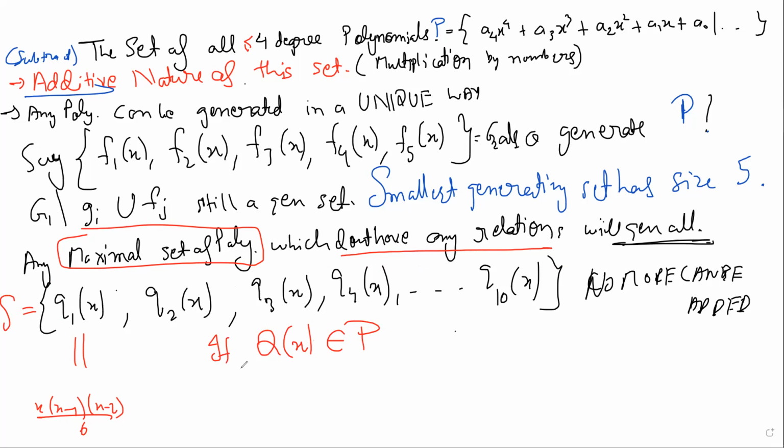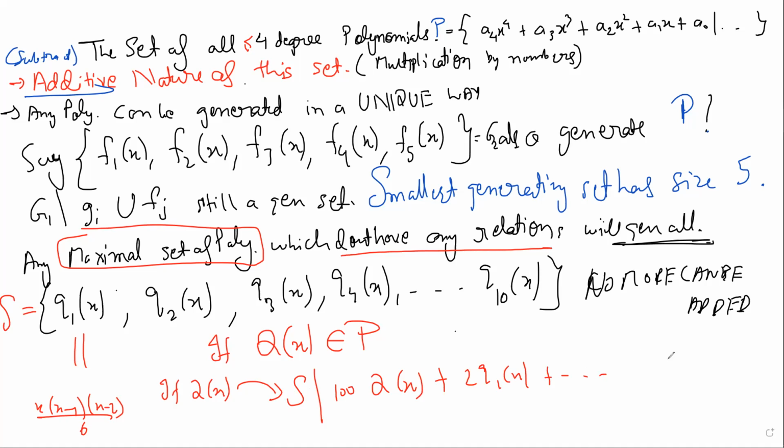If you add q(x) in the set, so if q(x) is thrown inside S, then there will be a relation between them. Is that right? Yeah, there will be something like, I'm just doing something loose here, but 100 times q(x) plus 2 times q1(x) and so on, right? There will be a relation.